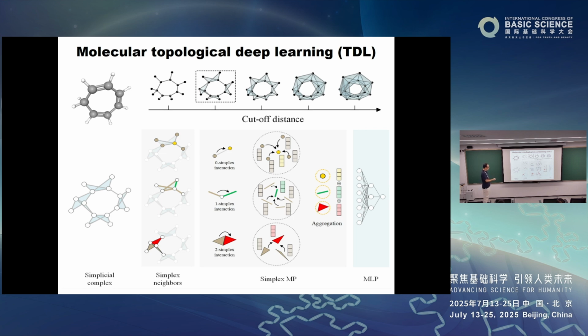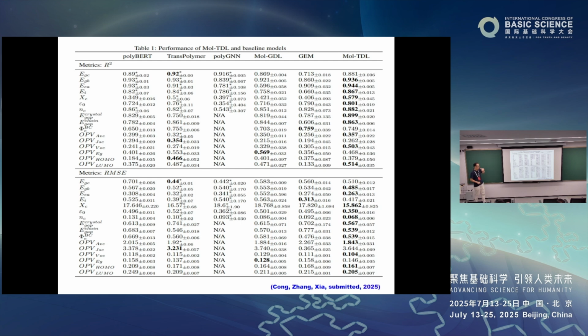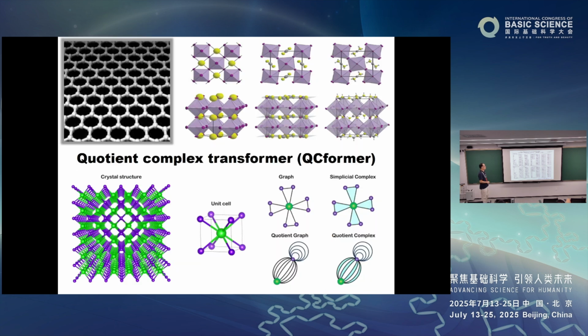Similarly, you have a triangle, you find the neighboring triangles, and then use the triangle information to update the features on this triangle. And then you can collect all this information together and throw it into the machine learning models. Then you will see that it actually can work better than the existing graph-based models.